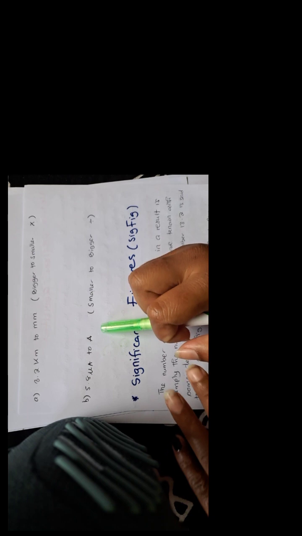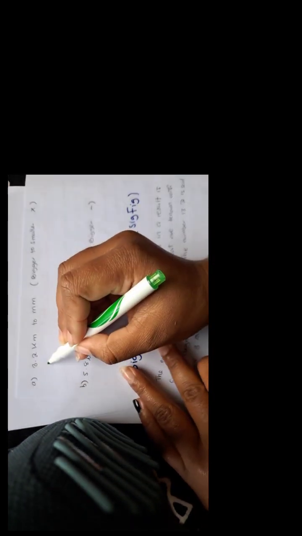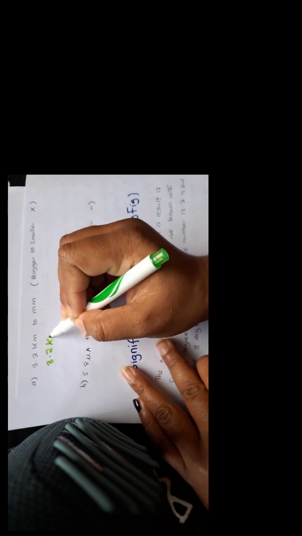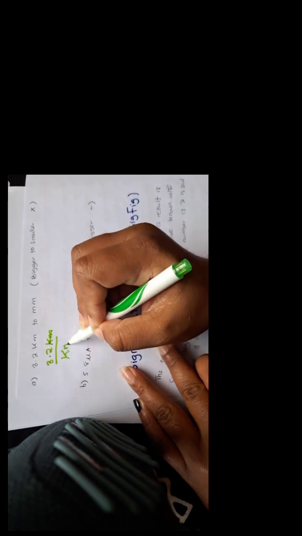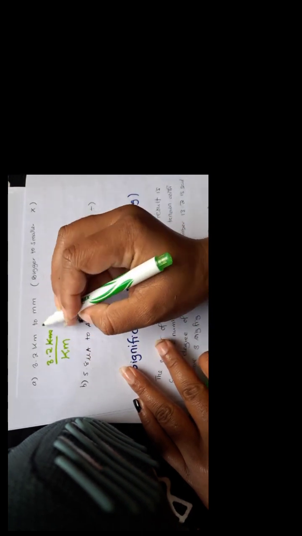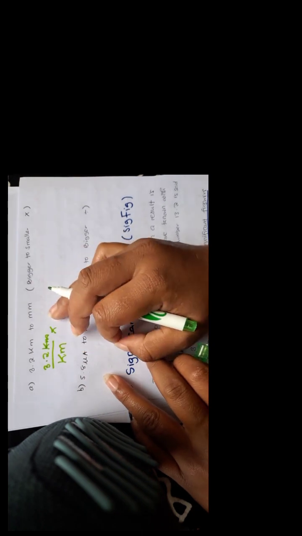What you have to do when you want to do this kind of calculation is know the conversion factors between these numbers. For this one we have 3.2 kilometers, times, since we're trying to change to millimeters, we have to know the relationship between the prefixes and the units.